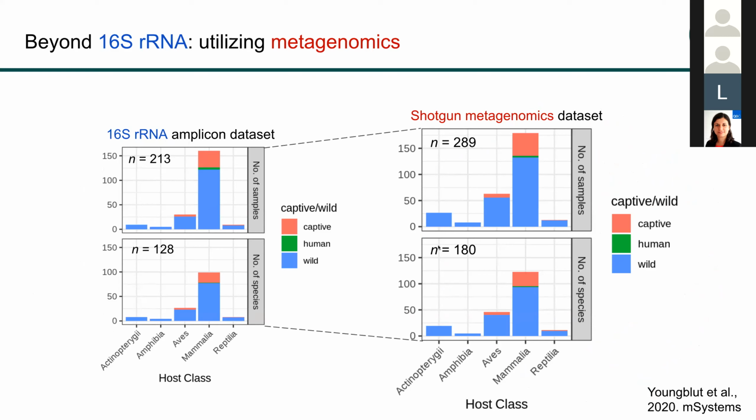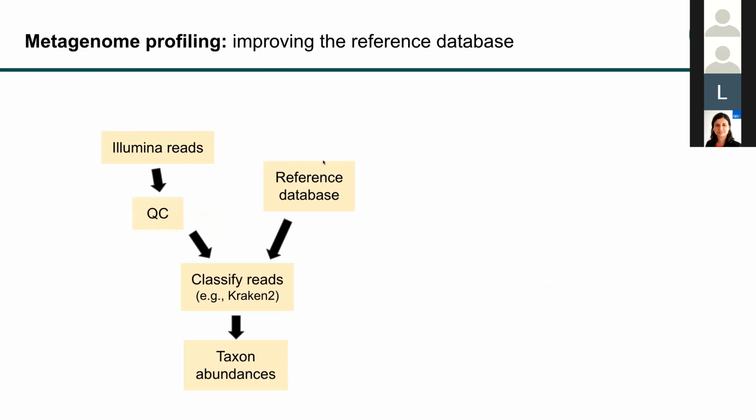As shown here, we actually expanded the data set in terms of the number of samples and number of species included. We tried to make it a little bit less mammal biased here, and we kind of succeeded in that regard. And we were able to try and balance a bit more in terms of number of samples per host species. But we did run into some challenges, I should say.